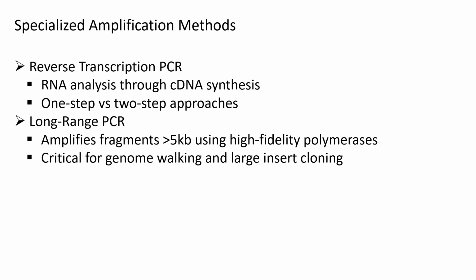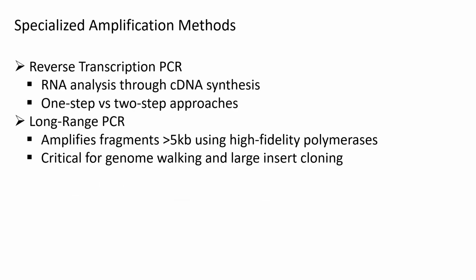Coming to some specialized amplification methods, you saw reverse transcription PCR, in which you convert RNA, predominantly from viral samples, to complementary DNA and then do the PCR. There are two approaches, one step versus two step, and the advantages of two step have been given, and why it is used mostly.